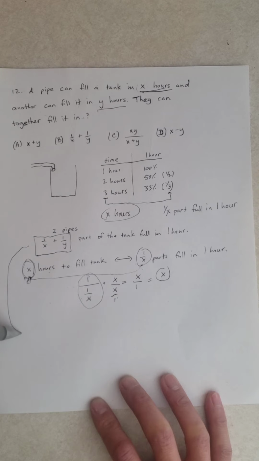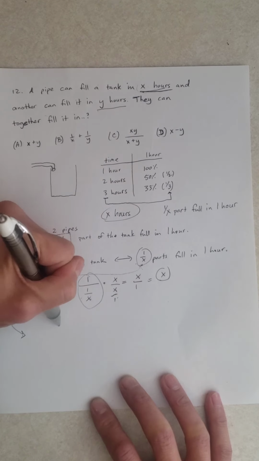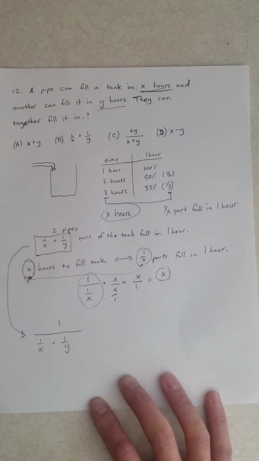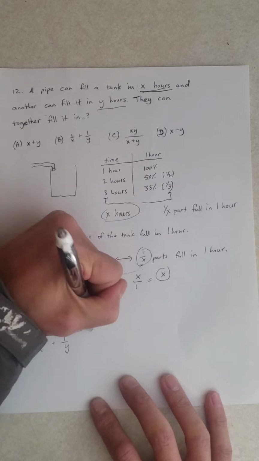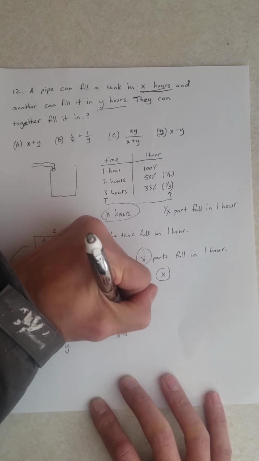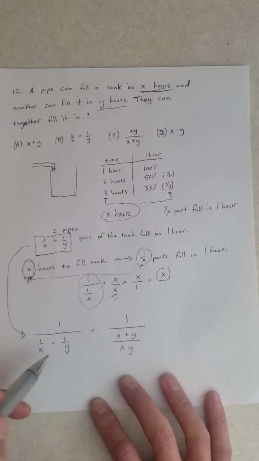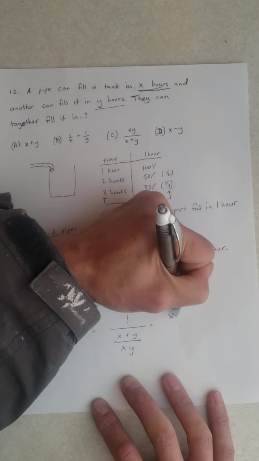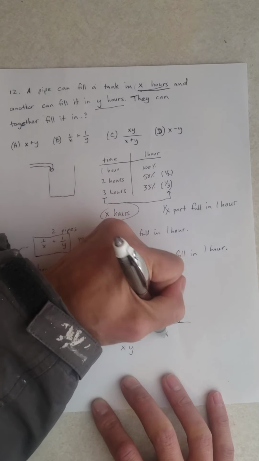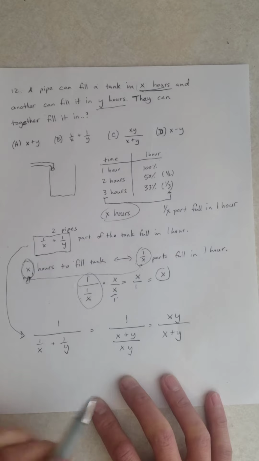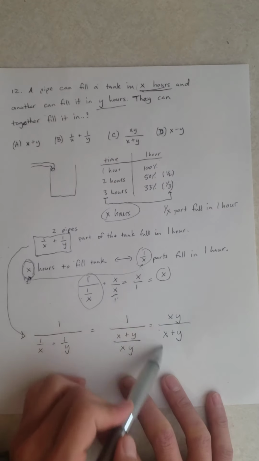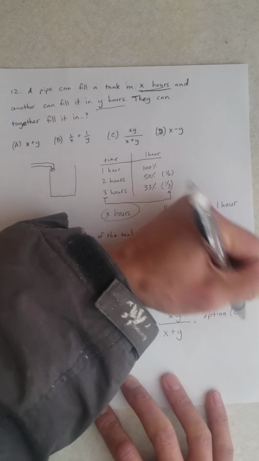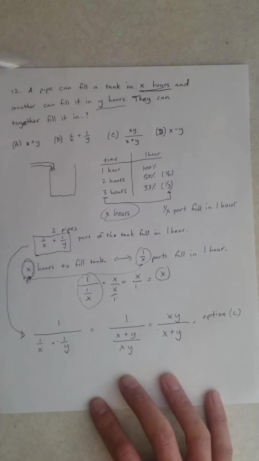So if I take this here and I represent it as 1 over X plus 1 over Y, then we can now come towards our solution. This on the bottom will cross multiply, and then we clean this up. I'm kind of skipping some steps here, and there are certain rules that will apply that will let you get to this, but this is option C, which is this one up here.